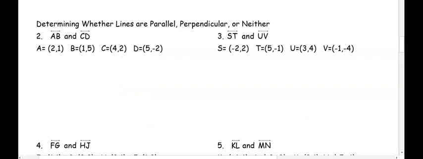So we want to determine whether the lines are parallel, perpendicular, or neither. We're going to be given 2 names of lines that we need to find the slope for and then compare them. So in number 2, we want the slopes of AB and CD. To find the slope of AB, remember that our slope equation is y2 minus y1 over x2 minus x1.